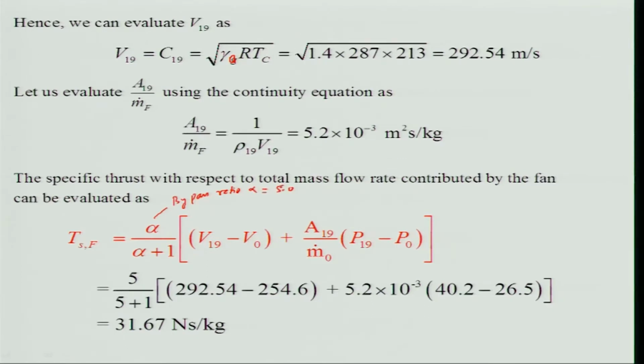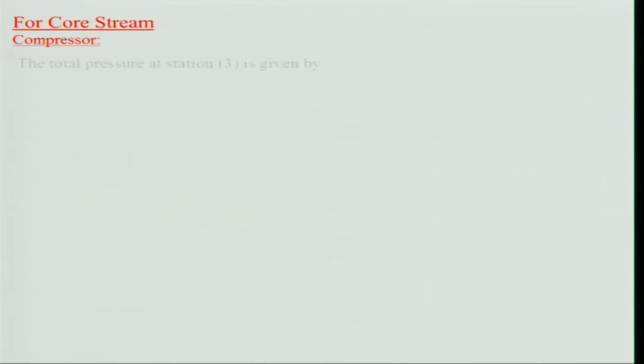You will substitute values, you know V19 we have evaluated, V naught we have evaluated, and this portion we have also evaluated, which is P19 by P naught. P19 is higher than P naught in this case. When you substitute these values, you will get 31.67 Newton second per kg. I think this will be kilo Newton per second kg.